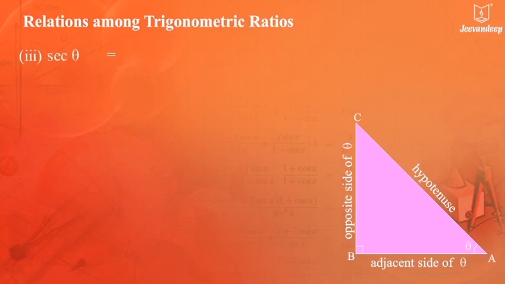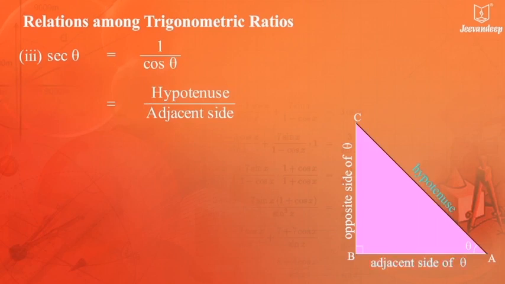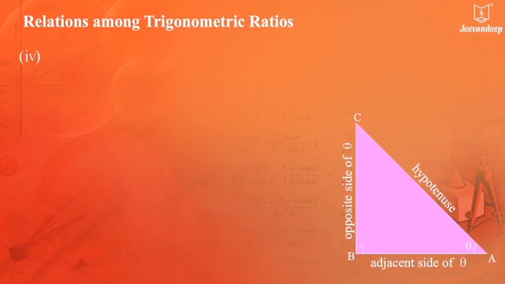Sec theta equals 1 upon cos theta. 4. Cosec theta equals 1 upon sin theta.